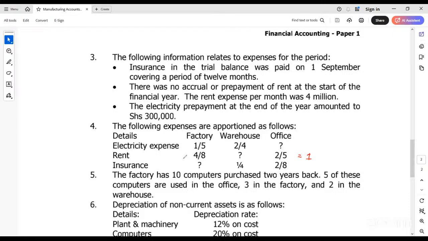How can we arrive at the missing fraction? What will be the missing fraction, members? What is 1 minus 4/8 minus 2/5? What fraction is missing to make the total equal to 1?